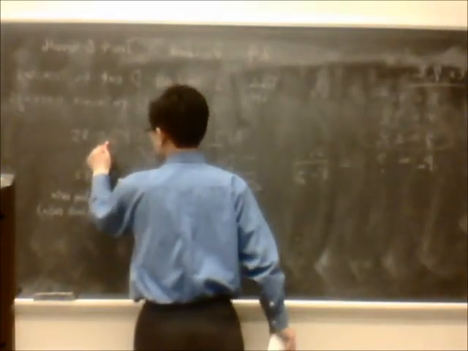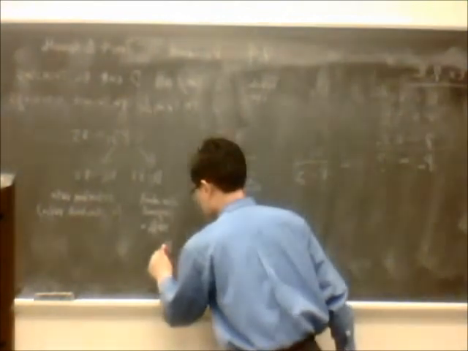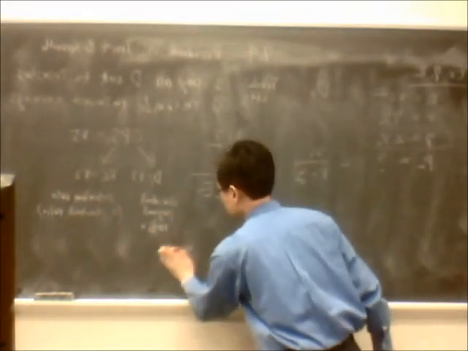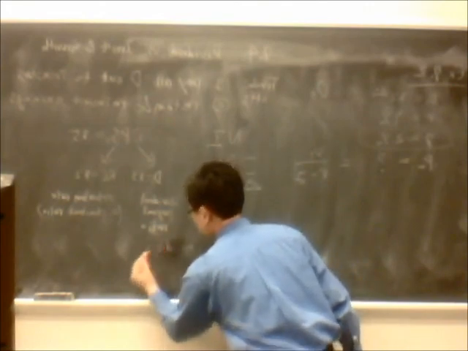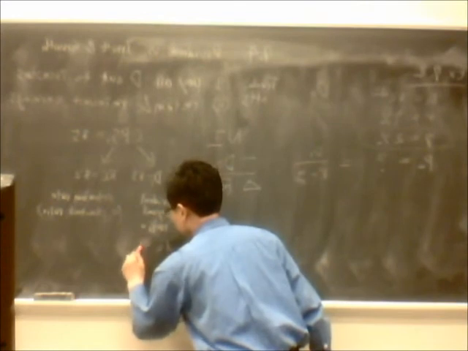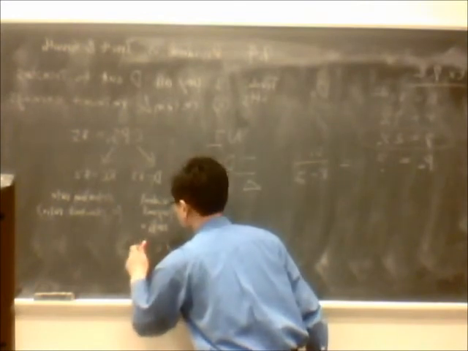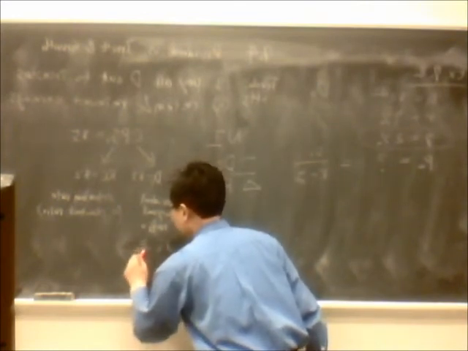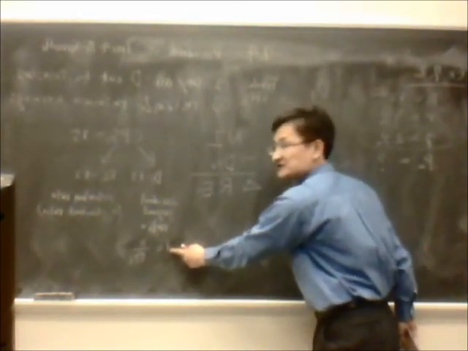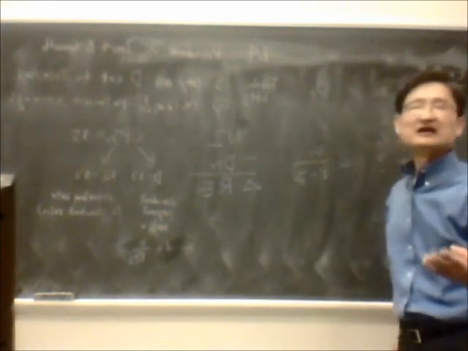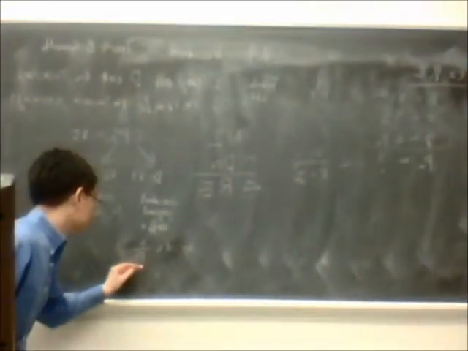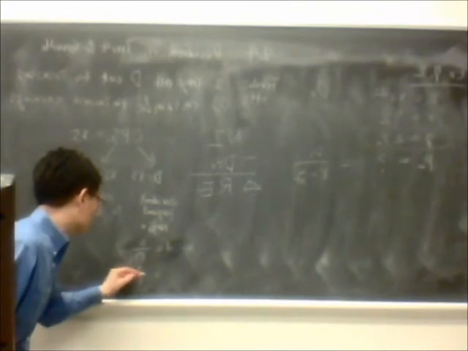So how do we calculate the dividend payout ratio? Dividend payout ratio equals dividend divided by EPS. Small d means payout ratio. So in this case, $3 divided by $5.